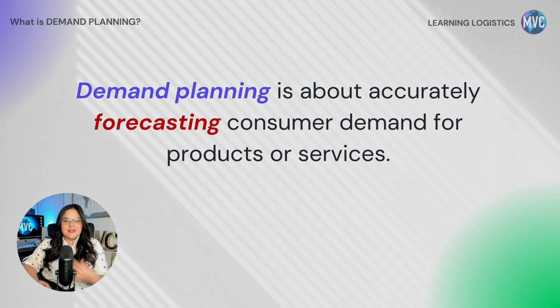At its core, demand planning is about accurately forecasting consumer demand for products and services. This involves analyzing past sales data, analyzing market trends, and getting some customer feedback to identify patterns so we can anticipate future demand.